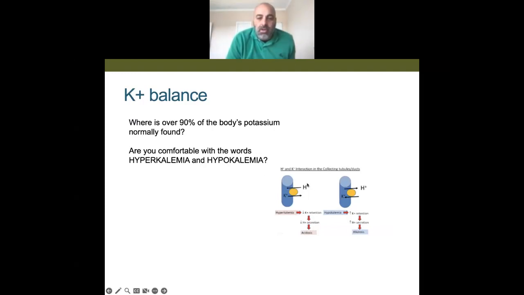So here, hydrogen is going out in the urine, potassium is coming back into the bloodstream. There's our hyperkalemia, acidosis situations. And then here, they're getting rid of potassium, pulling back in hydrogen ion, and we get this hypokalemia.